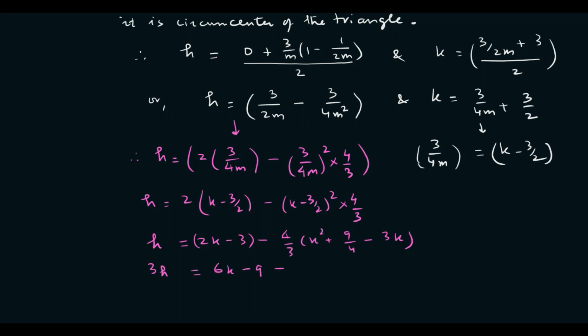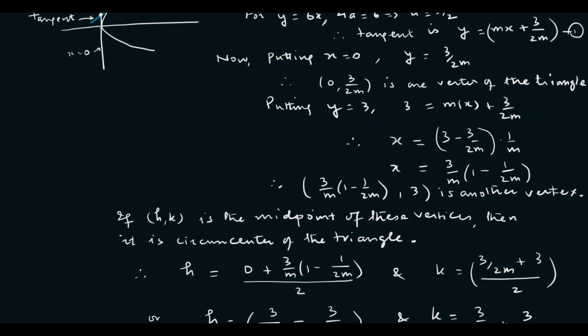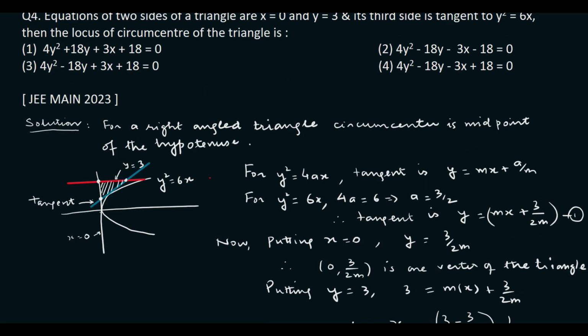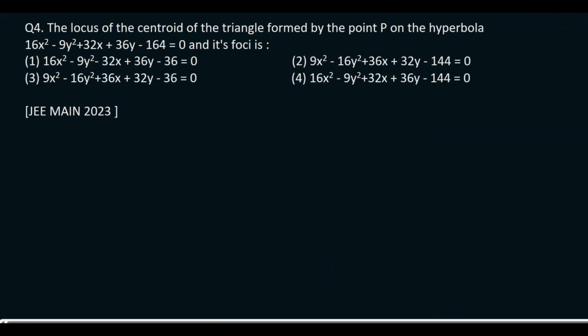You get 3h is equal to 6k minus 9 minus 4k square minus 9 plus 12k, and then 4k square minus 18k plus 3h plus 18 equals 0 is the final relation. Replace them by x and y. You get 4y square minus 18y plus 3x plus 18 equals 0. So this is the answer to this question, which is option 3rd, right? So that is how the answer can be found.